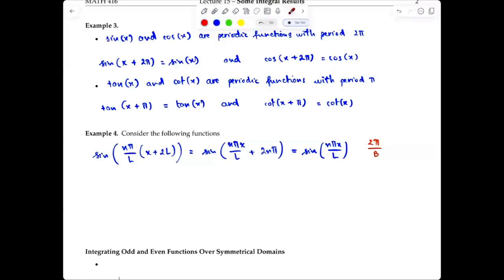So in this case, the number in front of x is n pi over L. So I'm going to do the calculation for the period. 2 pi over B, for B equal to n pi over L. When you divide a fraction, you can multiply by the reciprocal. So you have 2 pi times L over n pi. This is going to give you 2L over n.